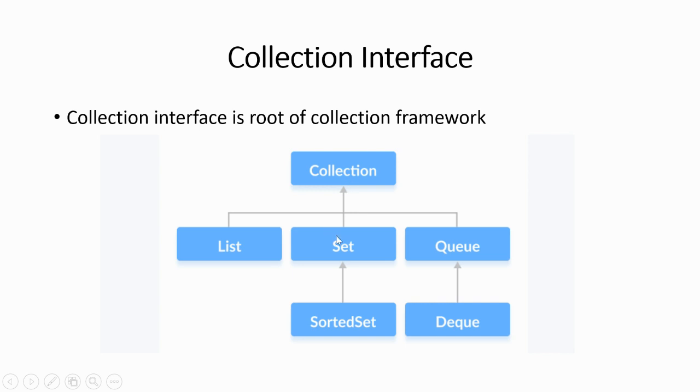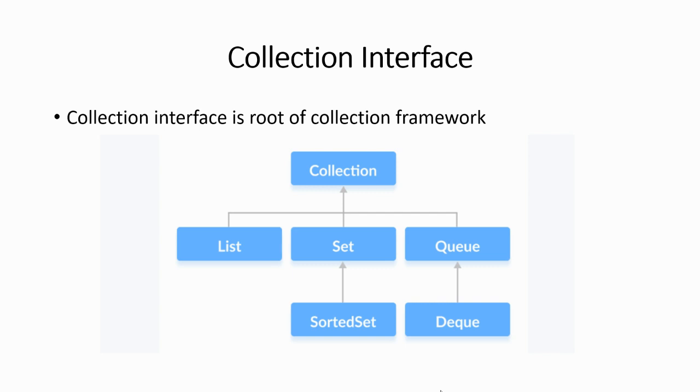We have seen that an interface can extend an interface. So list, set, and queue extend the collection interface, and the sorted set extends the set interface, as well as the deque interface extends the queue interface. So this is how the collection interface really looks.